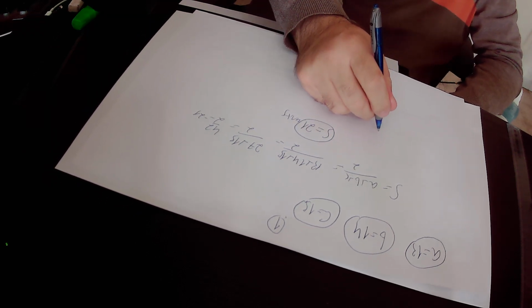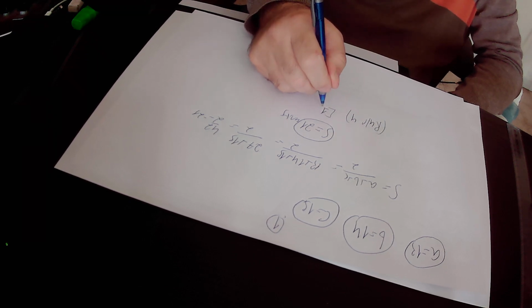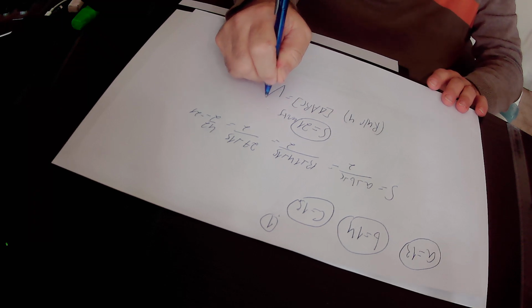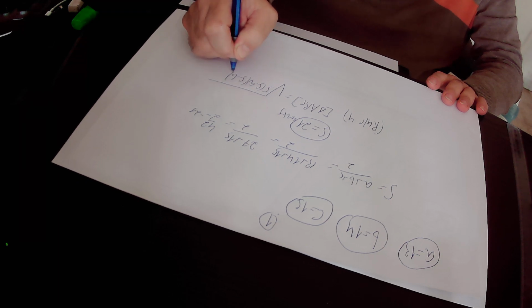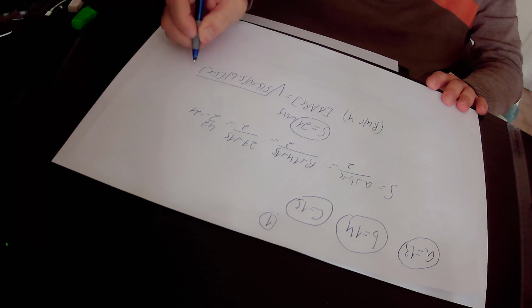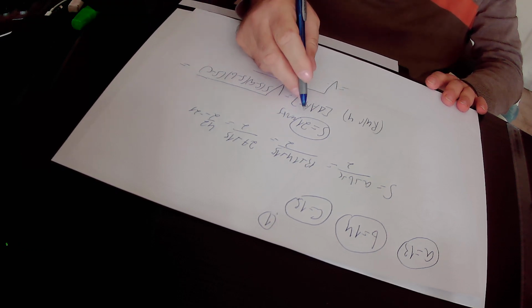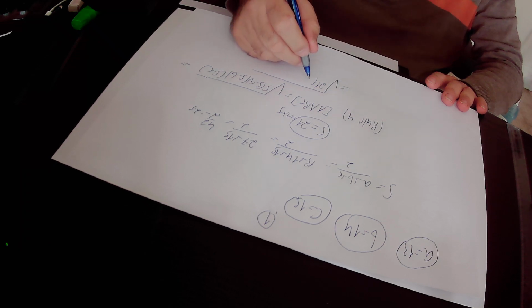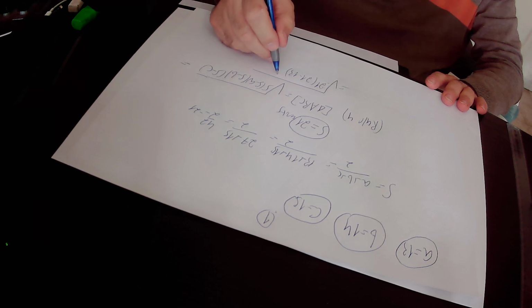Again, according to rule number 4, the area of our triangle ABC is equal to the square root of S times S minus A times S minus B times S minus C. That is to say, the area of our triangle ABC will be equal to the square root of S, S is 21, times S minus A. S minus A is 21 minus 13, times S minus B. S minus B is 21 minus 14.